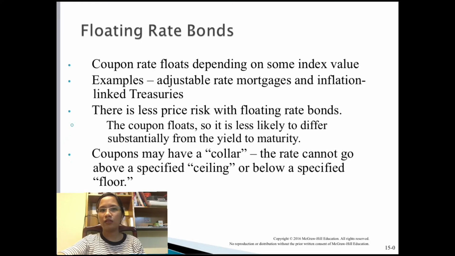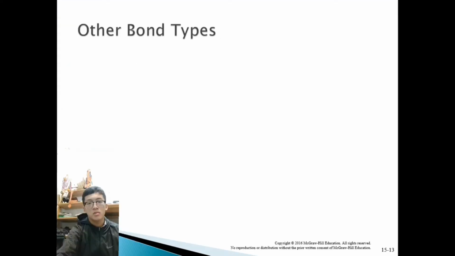Moreover, the coupon of this bond may have a collar, which means the rate cannot go over a specified ceiling and cannot go below a specified floor.